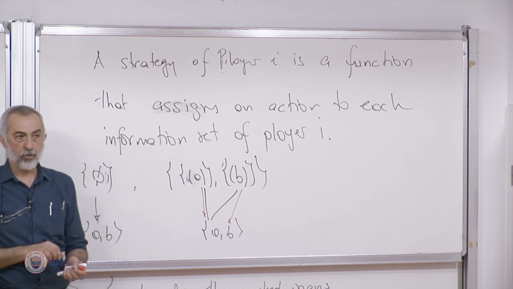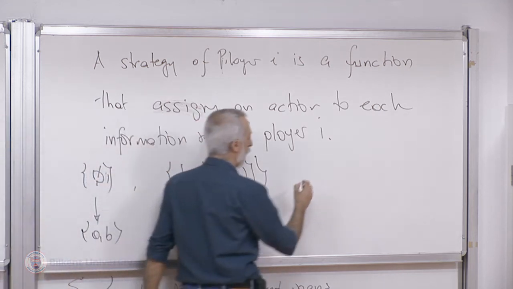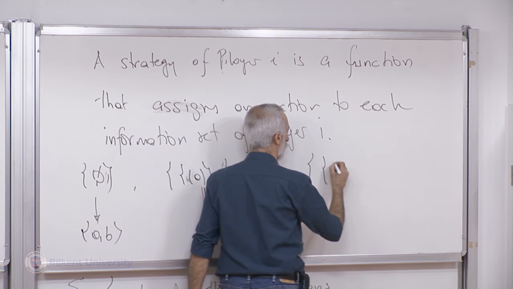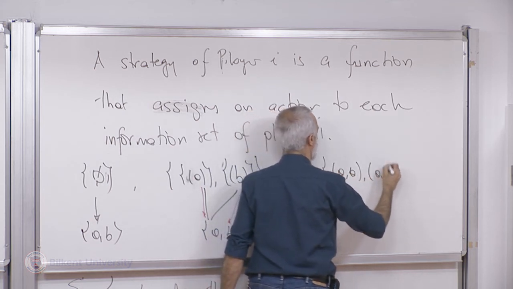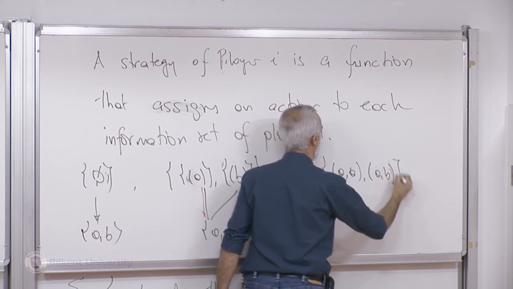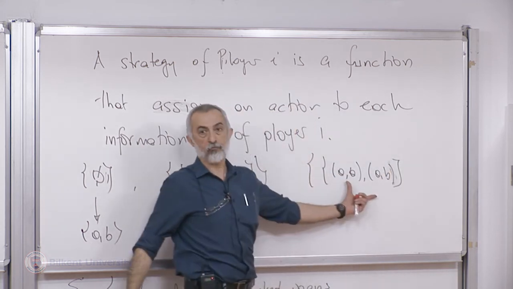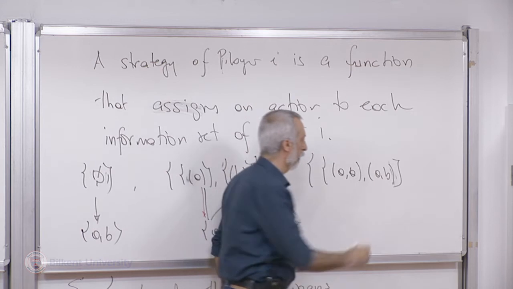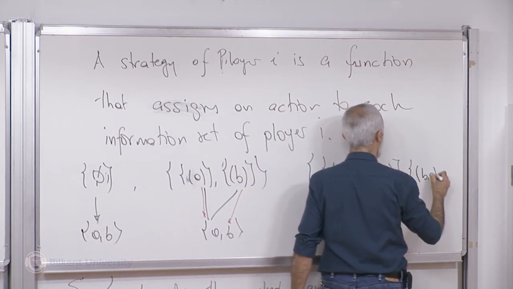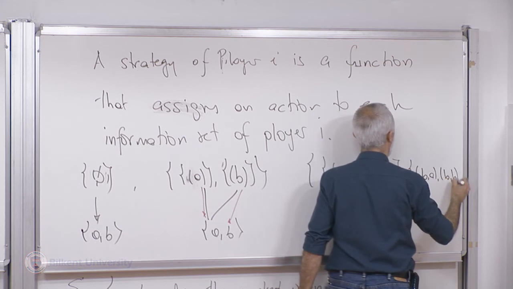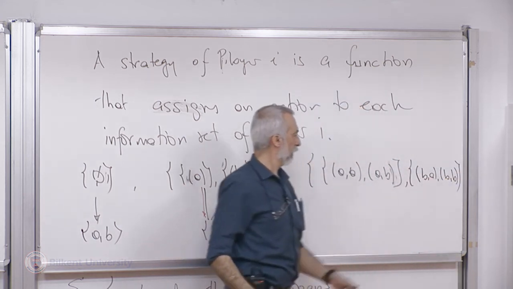And what about player 3? Well, player 3 also had two information sets. One was the information set consisting of these two histories, and the other the information set consisting of these two histories. Okay?